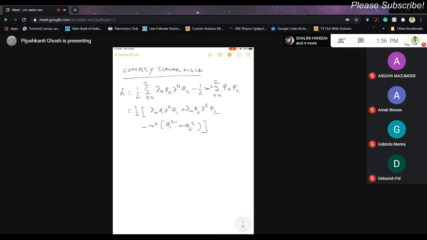and basically Lagrangian density. Now if we define, say, okay, so phi 1 and phi 2 are real scalar fields. Yesterday and the previous few days, basically not yesterday, we had a single real scalar field.